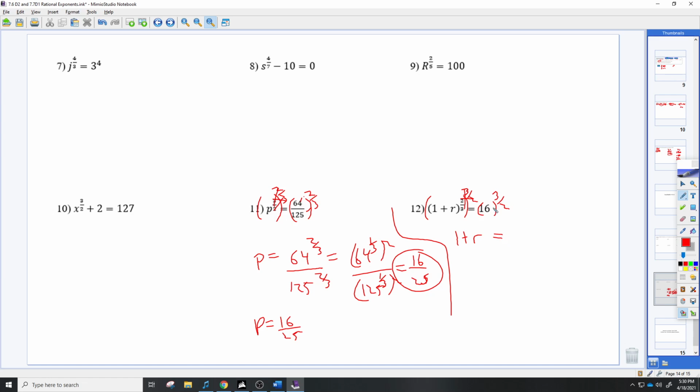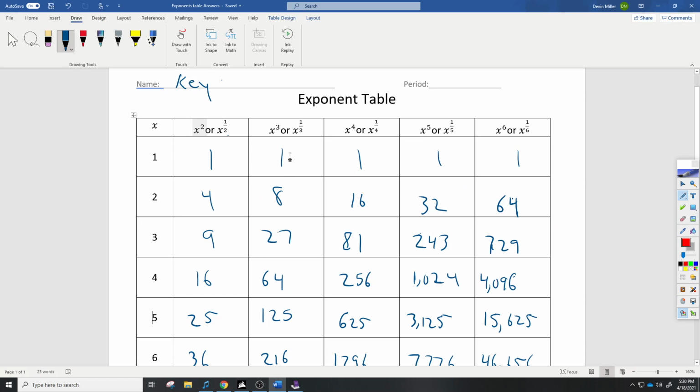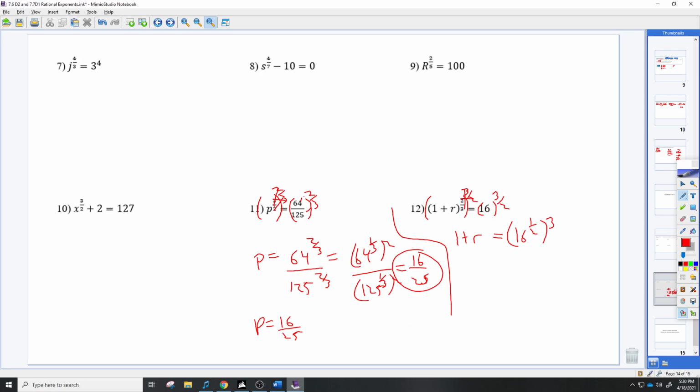And then this side, 16 to the 1/2 to the 3rd power. I'm going to use a chart for that. Okay, here's 1/2, 16, read across, that's 4. And then we're going to what? To the 3rd power. 4 to the 3rd is 64. So 1 plus r equals 64. And then simply to finish that, subtract 1. So r equals 63 as an answer.